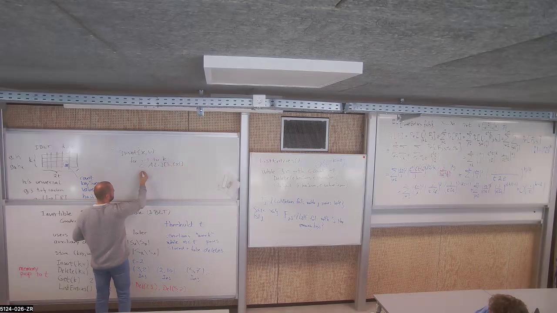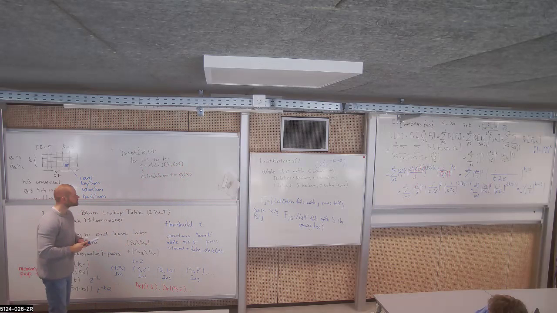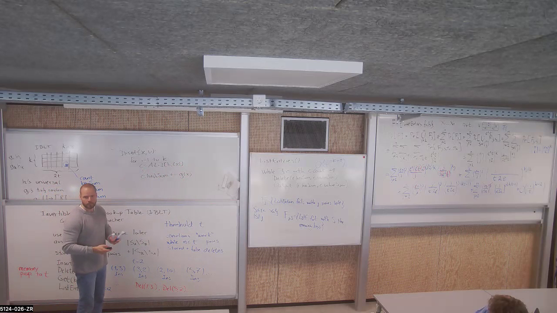And then we do the same with the key sum, the count, and the value sum. And then we do the special things. We do the hash sum of X. Special thing. The deletion is the same.